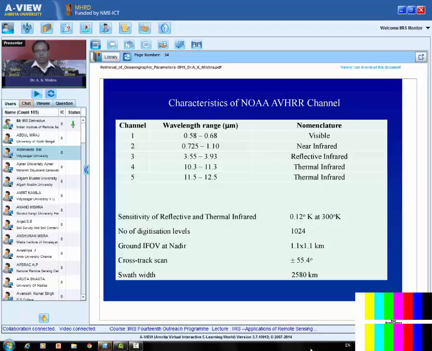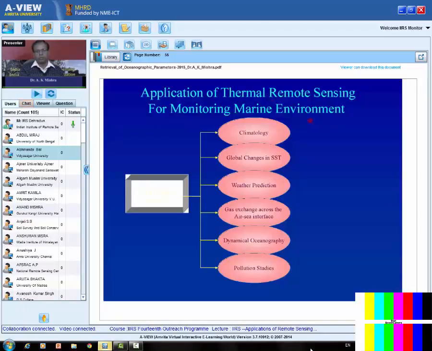Apart from that, other satellite sensors are there which can give you the sea surface temperature. So this is the summary of application of thermal remote sensing for monitoring marine environment. You can study the climatology and the trend in the global change in SST, and short-term weather prediction, and gas exchange across the air-sea interface, that if the temperature is getting cooled, the absorption of gases will become more, and those things you can study.